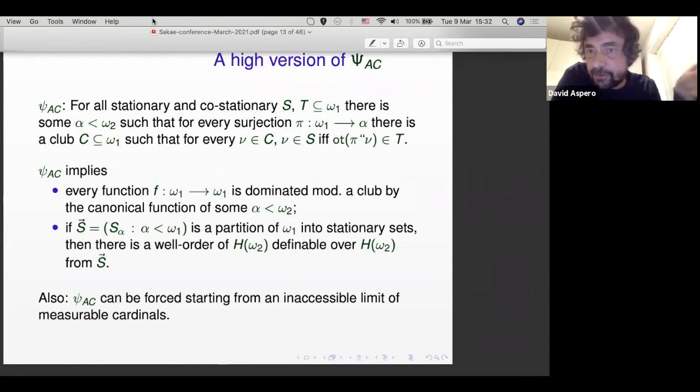So you have this canonical function, so that on a club, you are in T, you are in SA, if and only if the order type, the image of the function, is in T. That gives you that L of P omega 1 can see the set from this parameter which is in it, right? So you look at the least ordinal for which you have a club coding your set in this way.